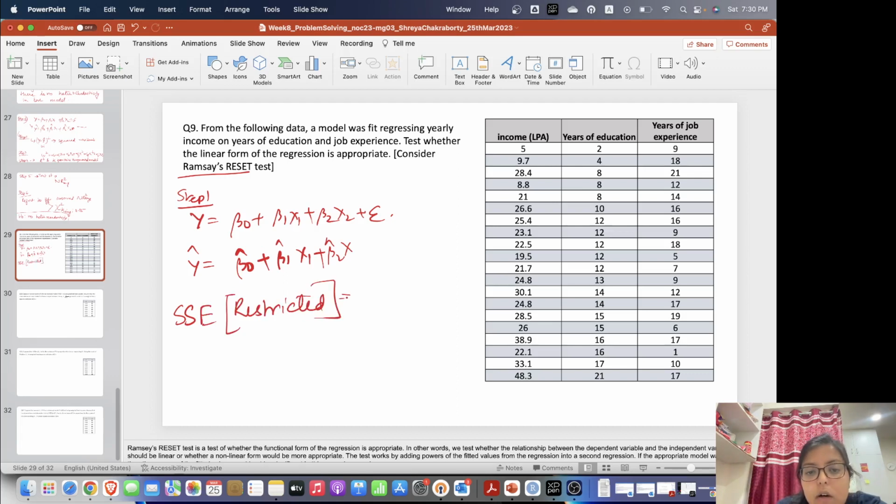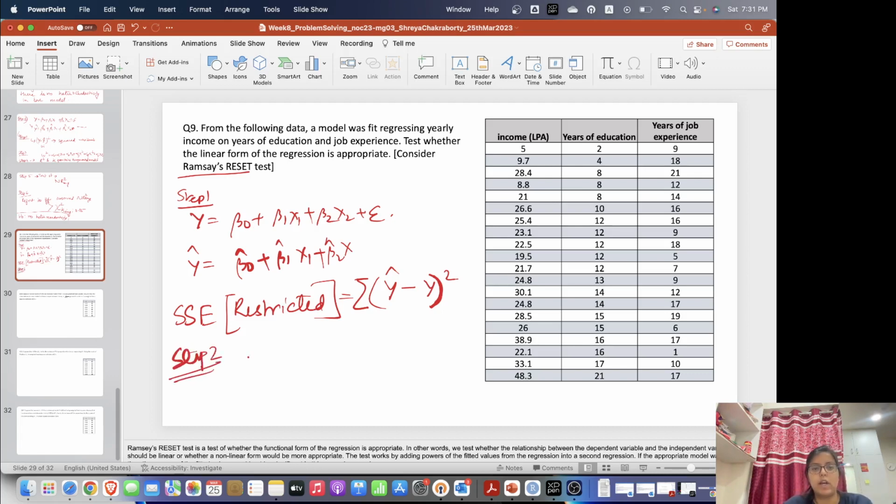We are going to find y hat minus y whole square, and then do a sum. This will give us the sum of squares errors from this original model.